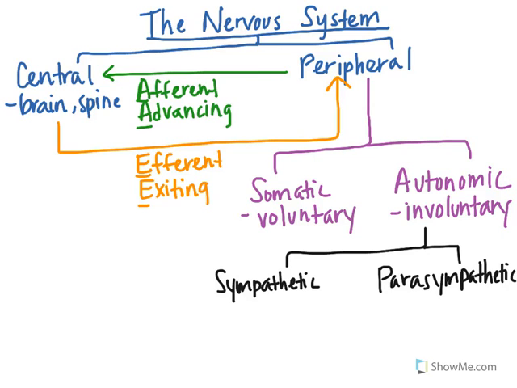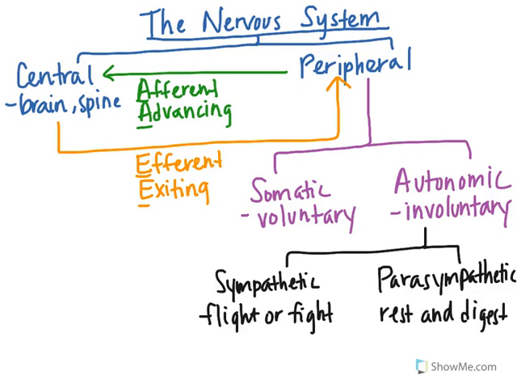The sympathetic division, otherwise known as being responsible for the flight or fight response, is more active in a very high stress situation where there might be a potential threat to survival. In contrast, the parasympathetic division governs the rest and digest response, which is more active in unstressful situations.